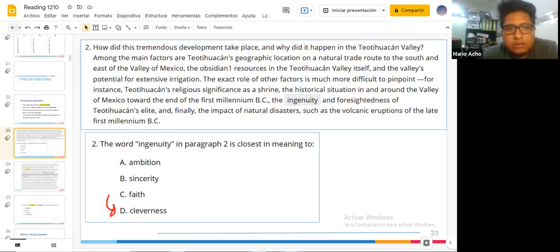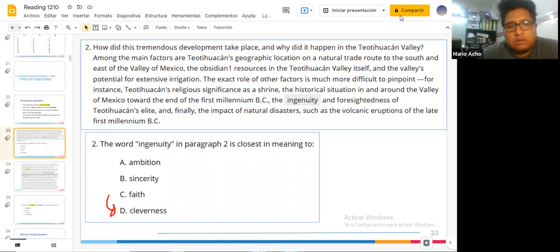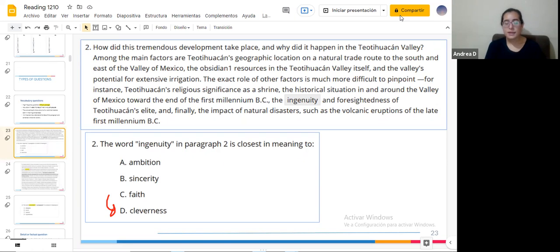Yeah, ingenuity and foresightedness is the same as cleverness? Those are synonyms? No, not exactly. They're not synonyms, but they are related. Cleverness has to do with wisdom, with being smart, intelligence.